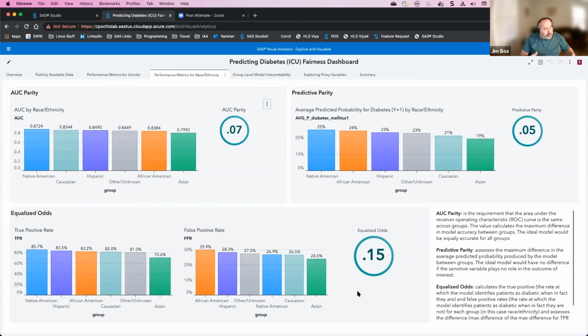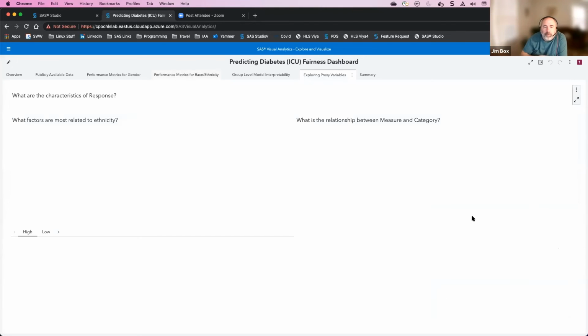One of the things that's important to explore when you do that is, all right, I can't use race in this particular model. Do I have other variables in there that are proxies for race? And that's what we looked at over here.